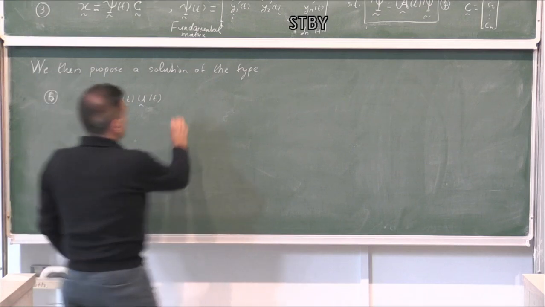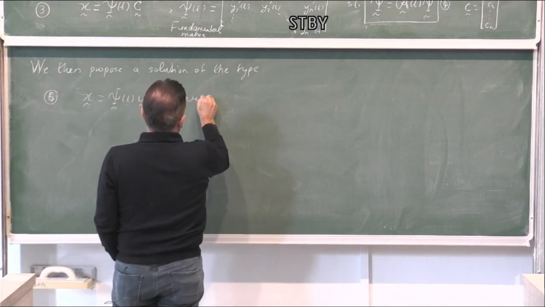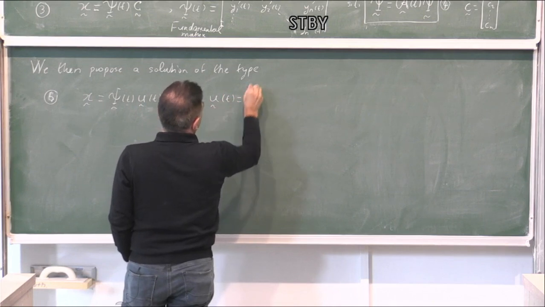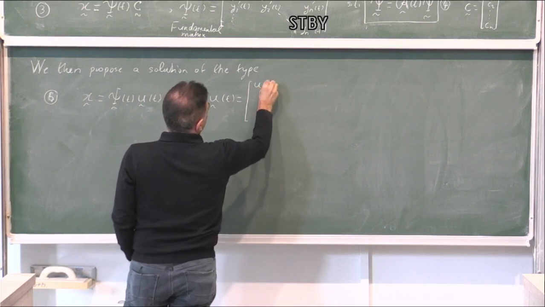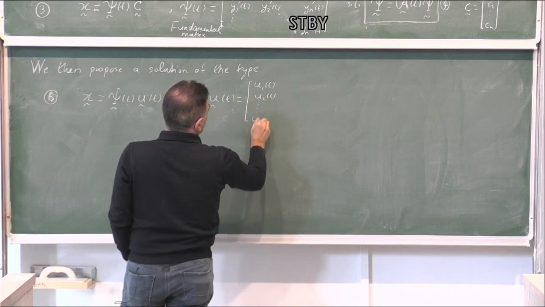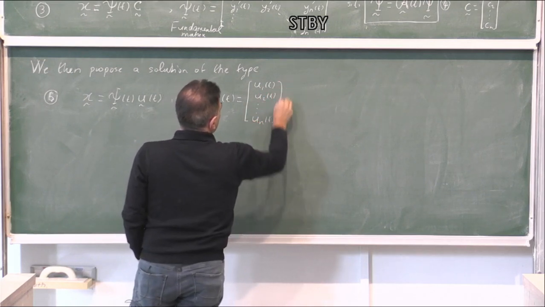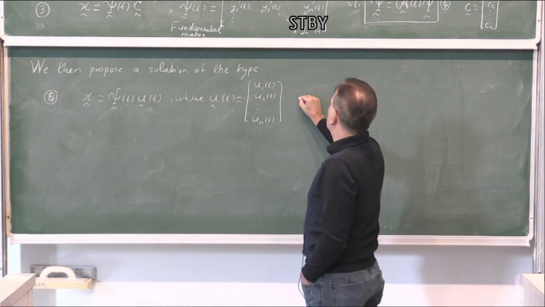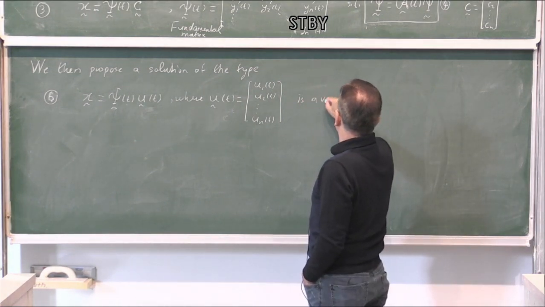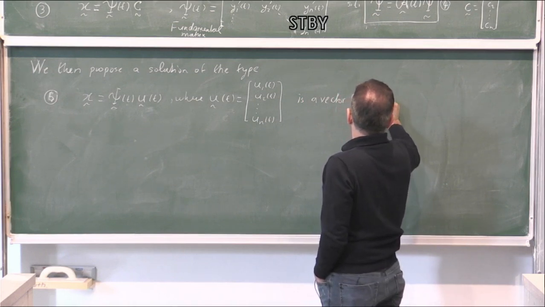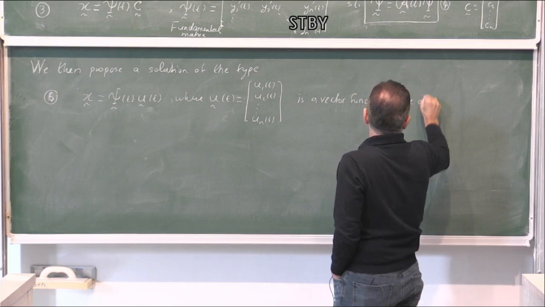Where u is a vector function with components u1, u2, un, a vector function to be determined.